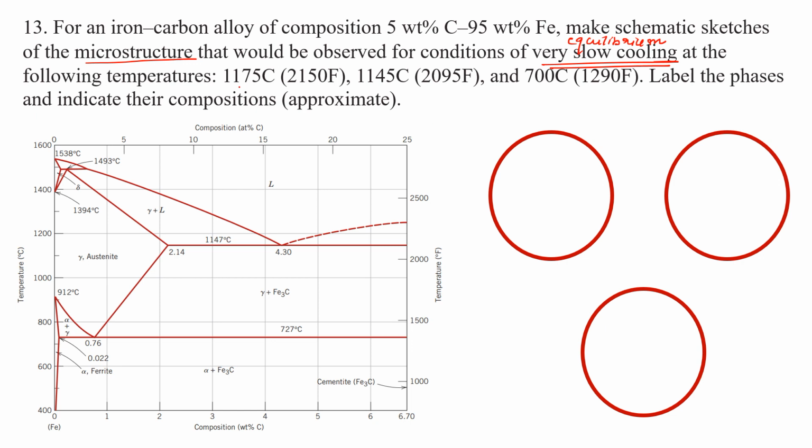At 1175 centigrade, 5 weight% is here. So we are at this region, right? Maybe I can just draw a line instead.